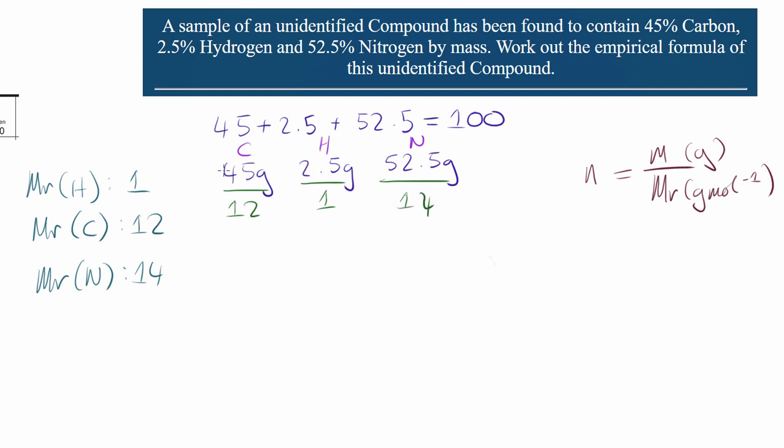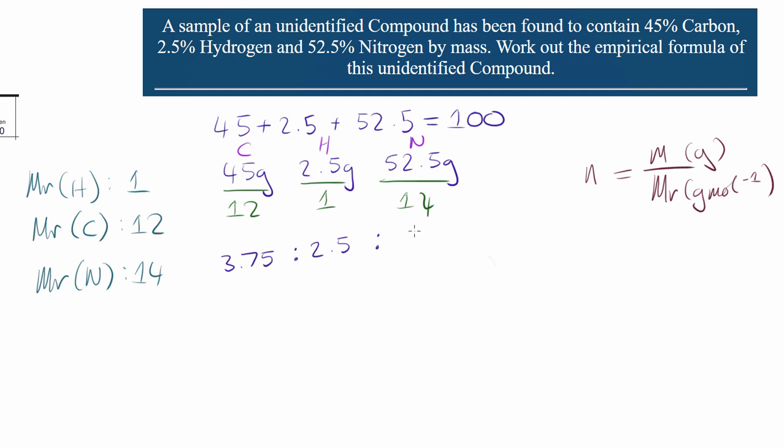Have a go and see what you get when you calculate those. For 45 divided by 12, you're going to get 3.75. For hydrogen, you don't need a calculator, because you're dividing by 1. It's just going to give you 2.5.